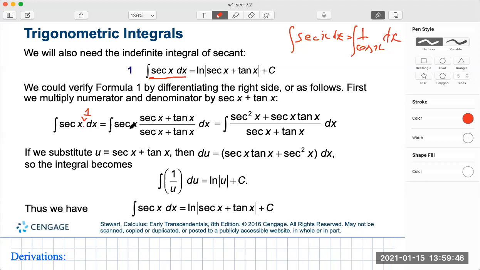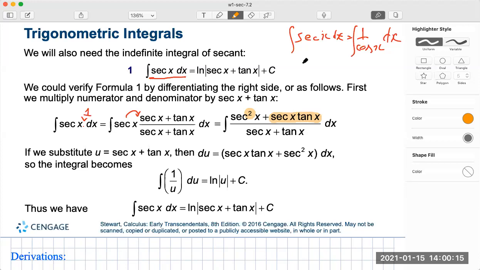But now, this is the whole integrand multiplied with a fraction, so it will be this factor multiplied with the numerator, right? We distribute it, and secant times secant gives us secant squared, and the next term will be this guy, right?